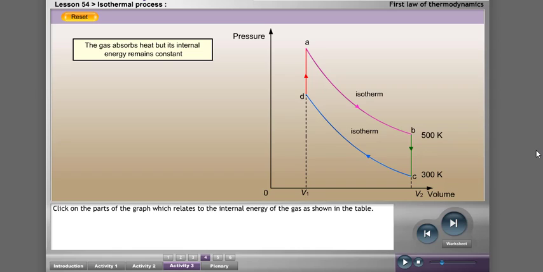Click on the part of the graph which relates to the internal energy of the gas as shown in the table.